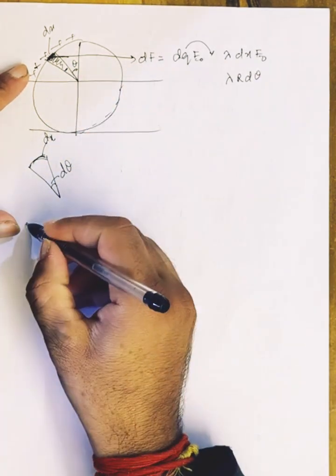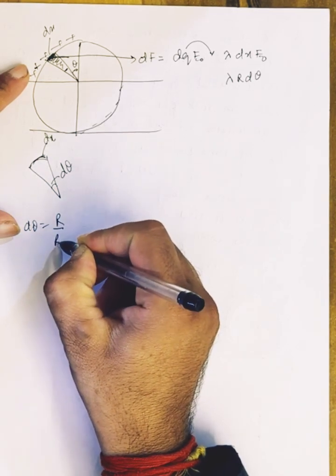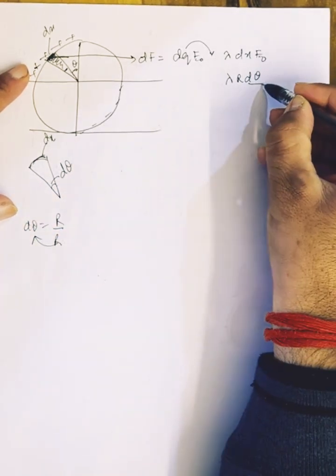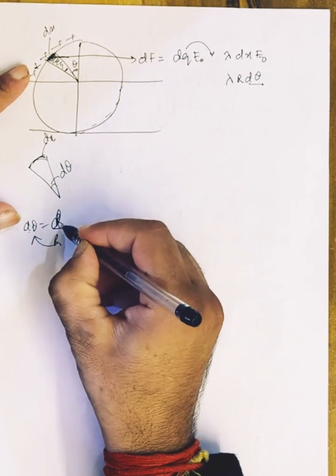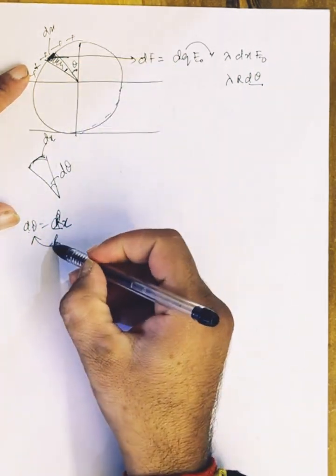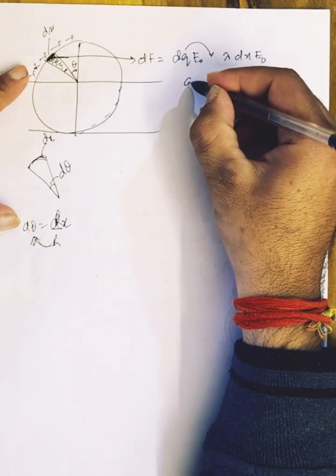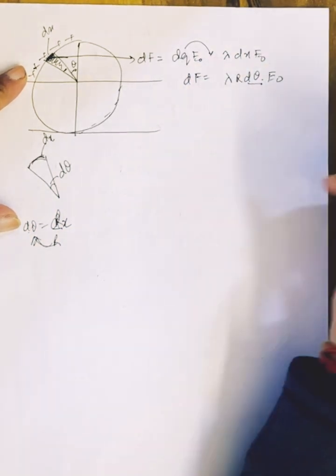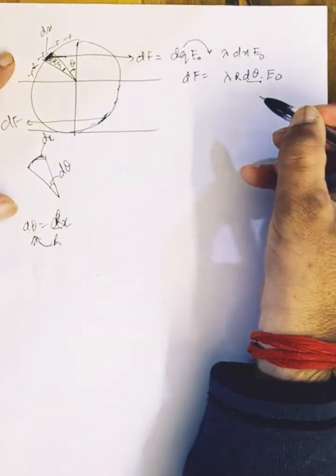We know that angle equals arc upon radius. The radius is r, so I've written r d theta. So we got this df force. Similarly, for the negative charge, I'll get a df force in the backward direction.